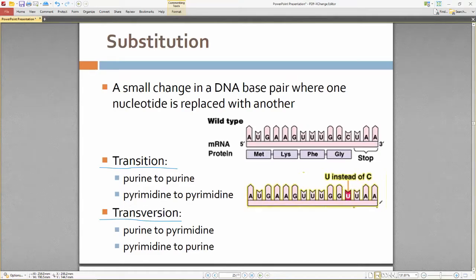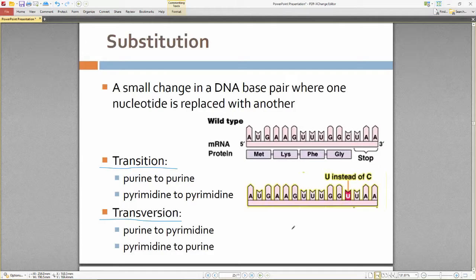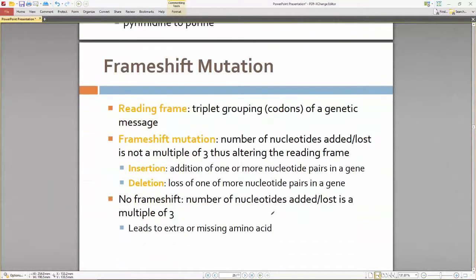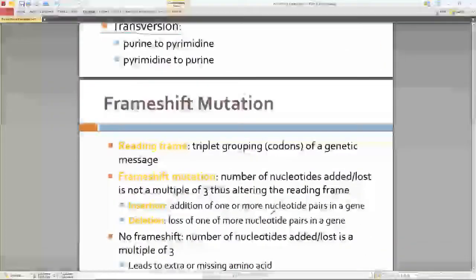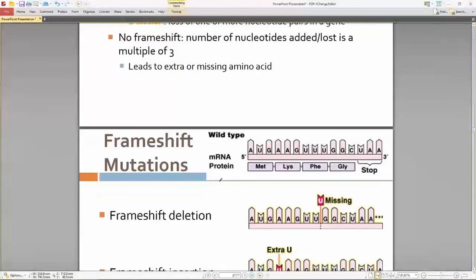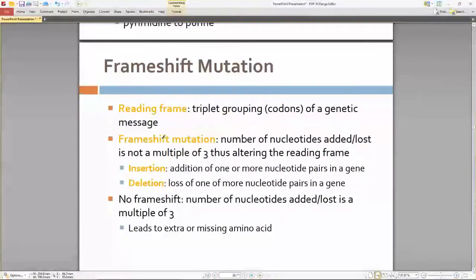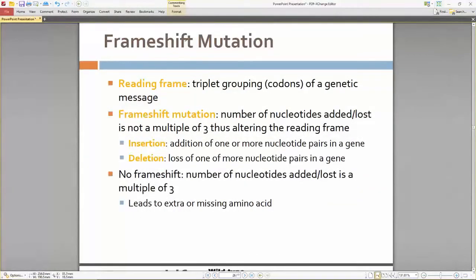If you look here, there's something called a transition or a transversion. A transition is when a purine is replaced with another purine, or a pyrimidine is replaced with another pyrimidine. And a transversion is when a purine is replaced with a pyrimidine and a pyrimidine with a purine. So yeah. Now let's look at frameshift mutations.